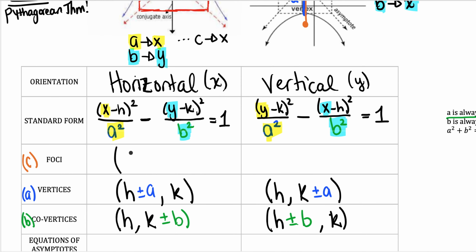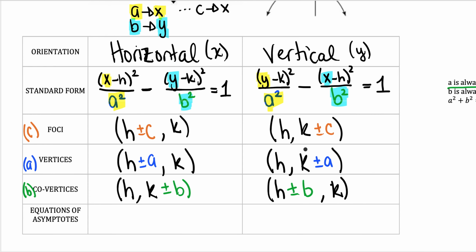So here I can follow the same pattern: h and k are staying the same, and it's going to be plus or minus c. And here it's going to be h, and then k plus or minus c.